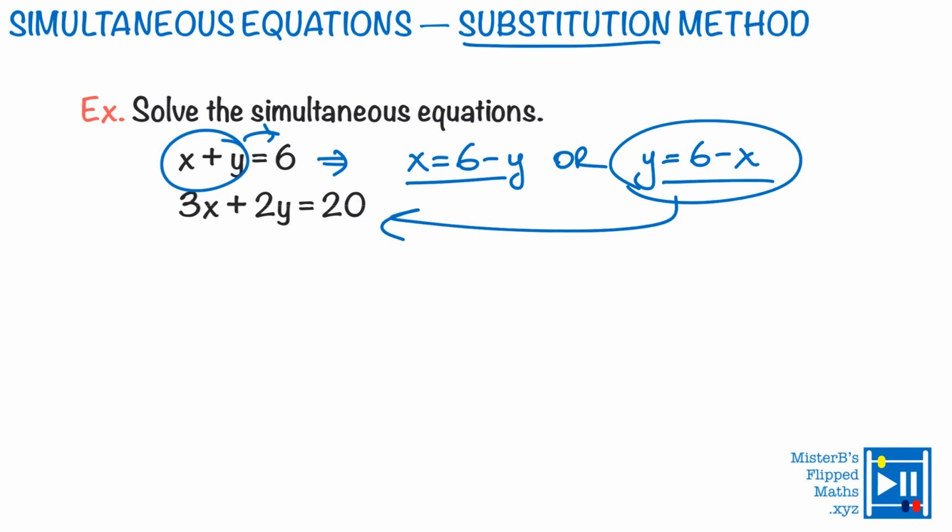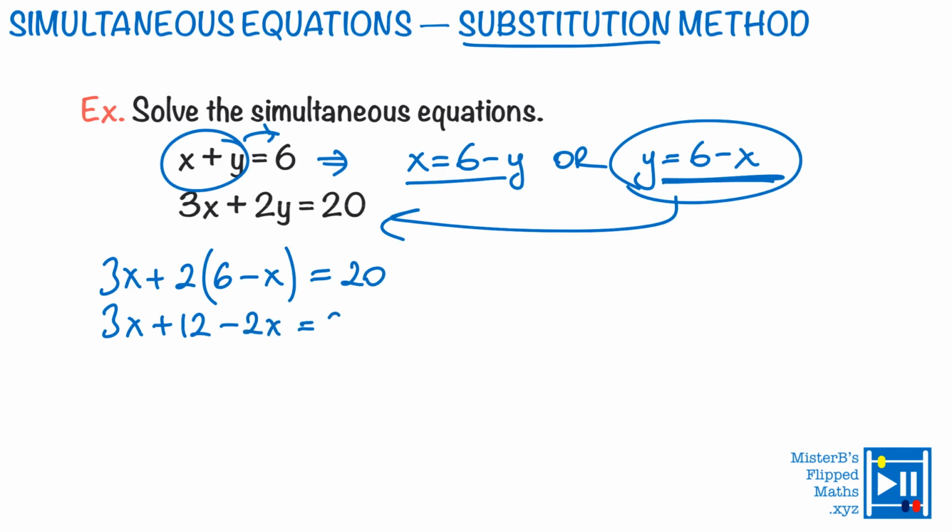So my second equation will look like 3x plus 2 times, instead of y, I write the substitute here, which is 6 minus x. That's equal to 20. I expand the brackets to get 12 minus 2x here. And 3x minus 2x is just x.